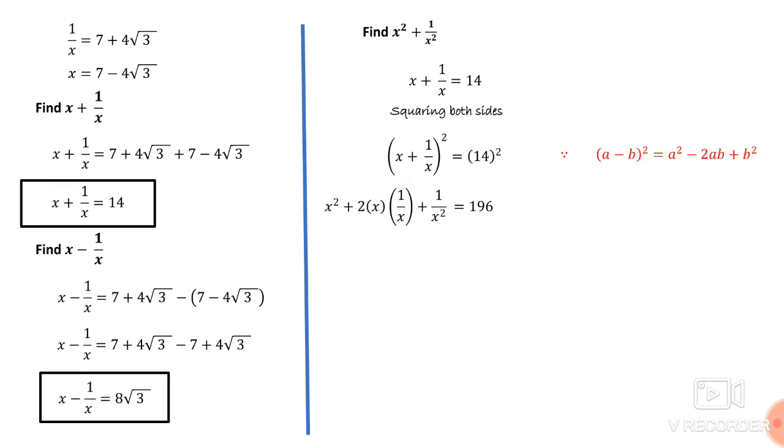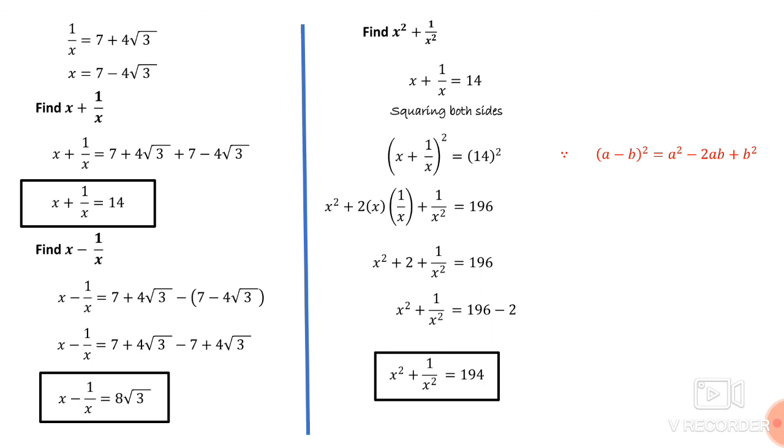Applying the formula, we will have this step. The x and x will cancel out. We are left with only x square plus 2 plus 1 upon x square equals 196. This plus 2 will be shifted to the right side and become minus 2. So 196 minus 2 is 194. This is the value of x square plus 1 upon x square.